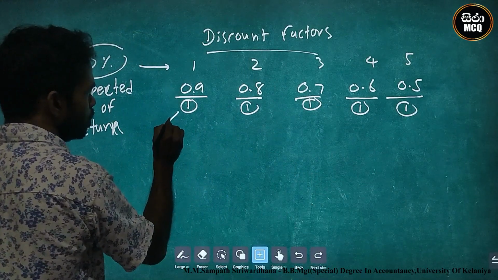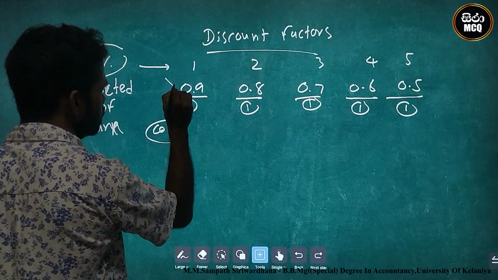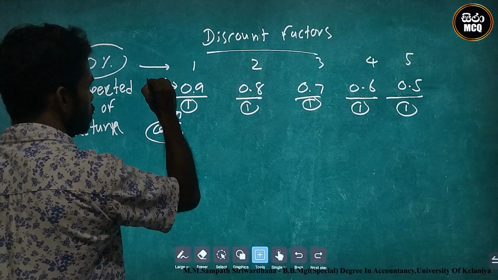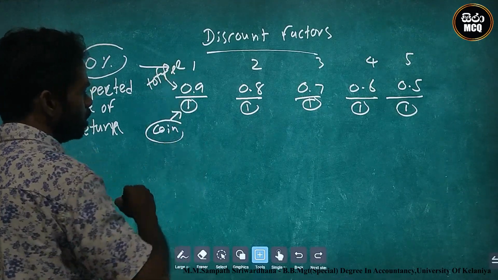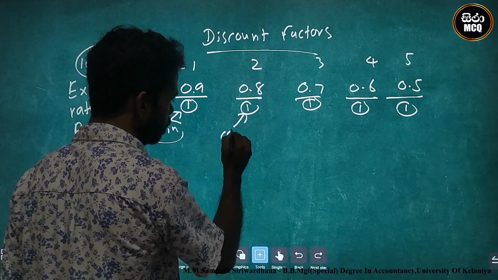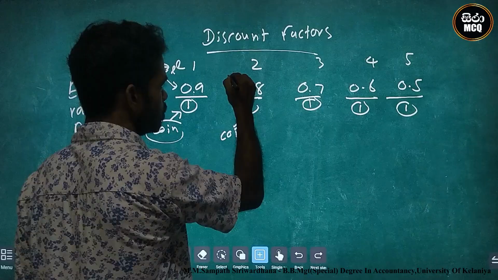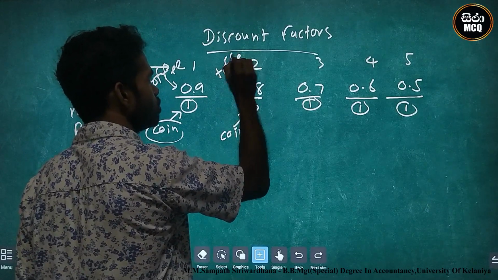Okay, this is the 1 rupee coin. With this coin we can purchase, after 1 year, 0.9 toffee. This is a 1 rupee coin. After 2 years we can purchase 0.9 toffee.